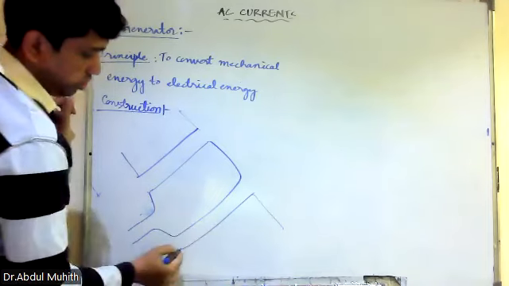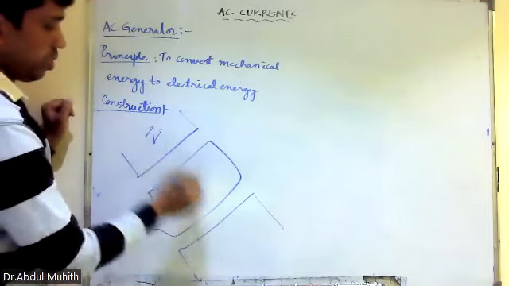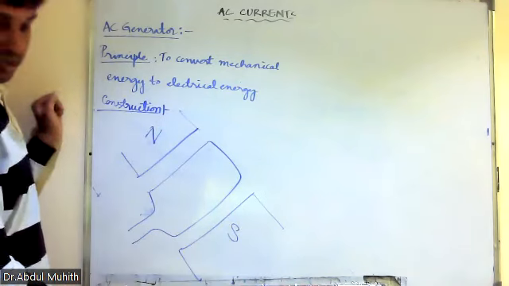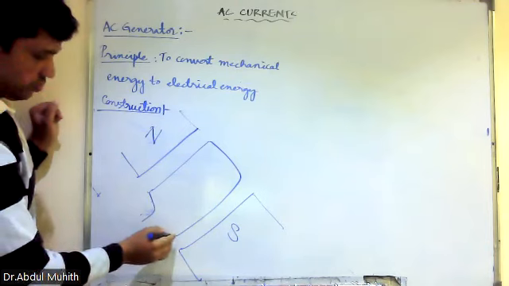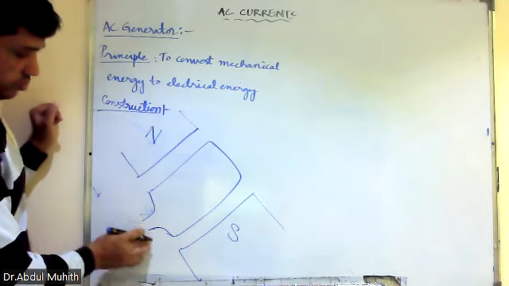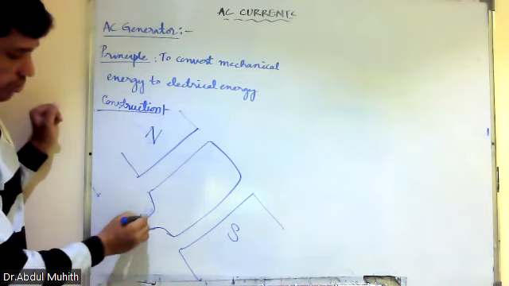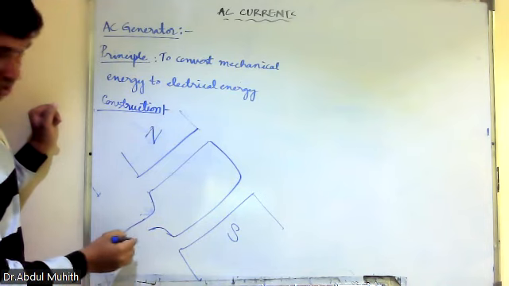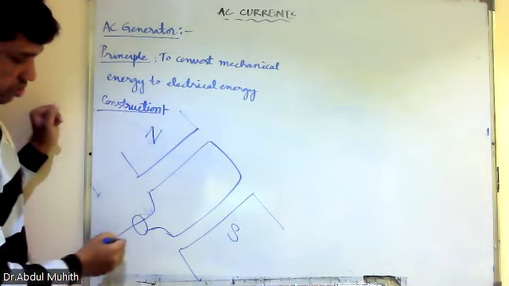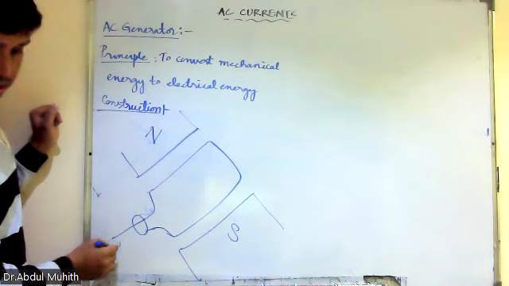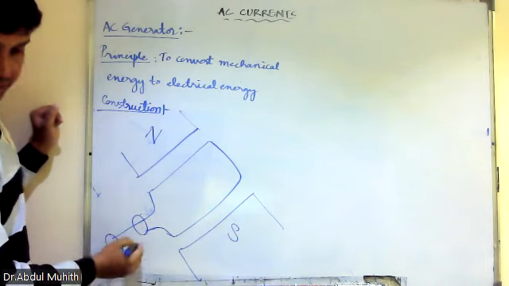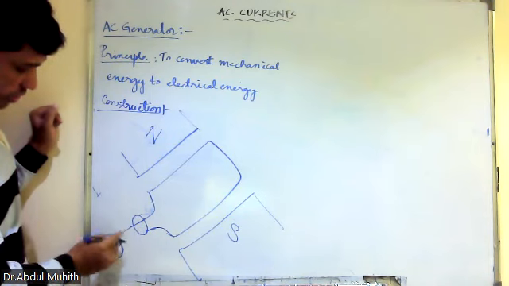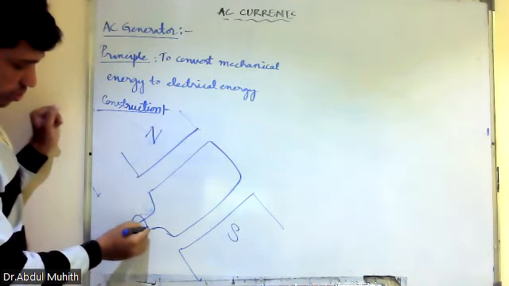This is the north pole and this is the south pole. Here also it's the same. This is connected here, and the other one is connected here at this point.